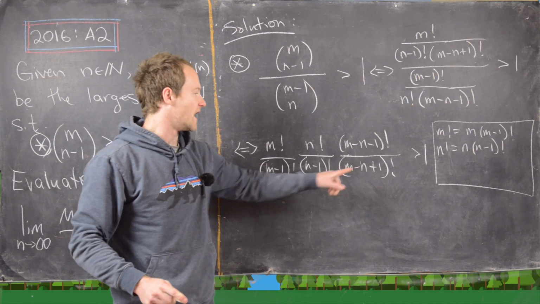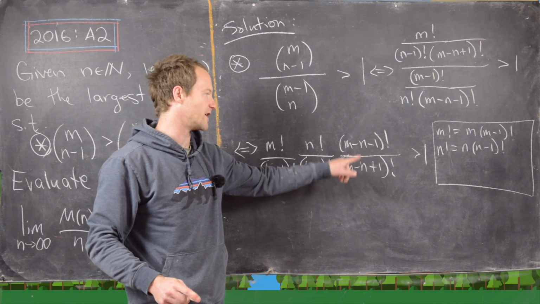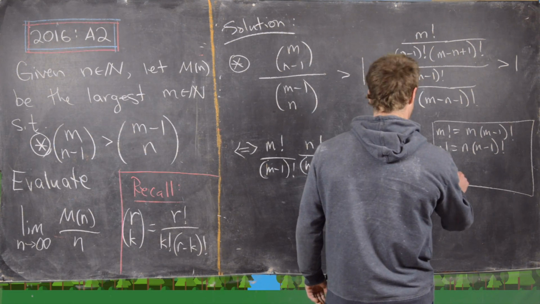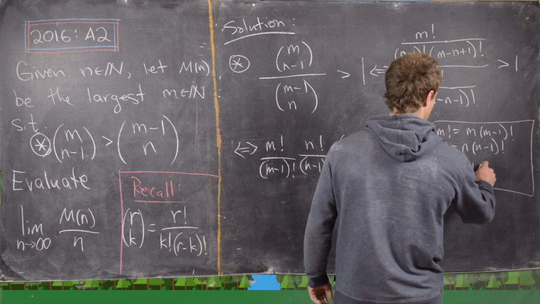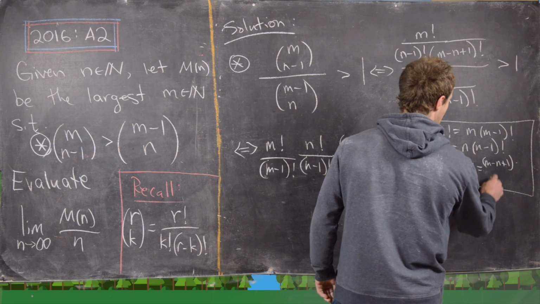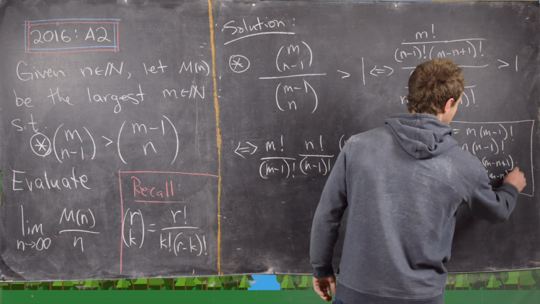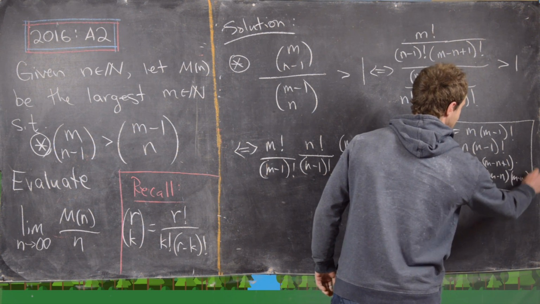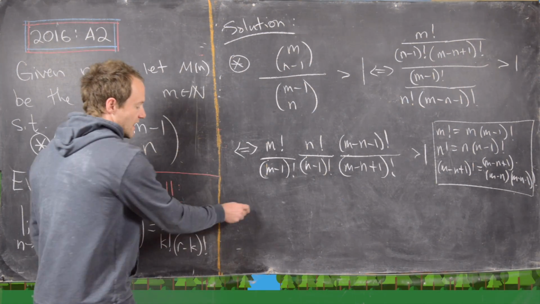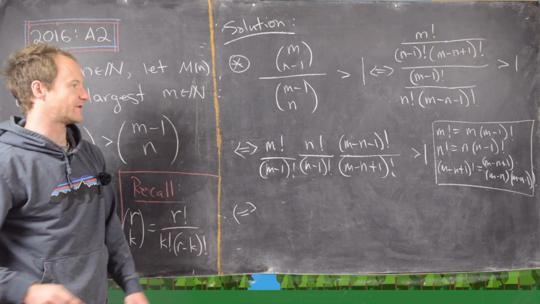And now notice this factorial in the denominator is 2 more than this one in the numerator. So that means we can write m minus n plus 1 factorial as m minus n plus 1 times m minus n times m minus n minus 1 factorial. Okay, great. But now that allows us to do lots of simplification here.